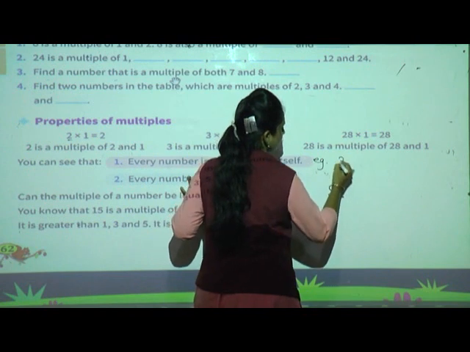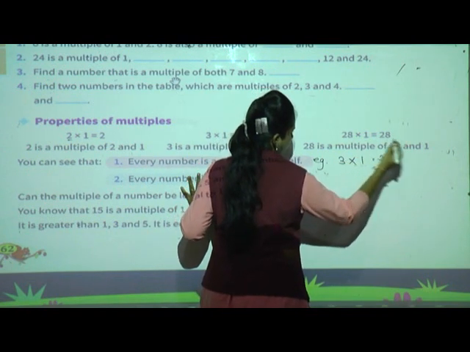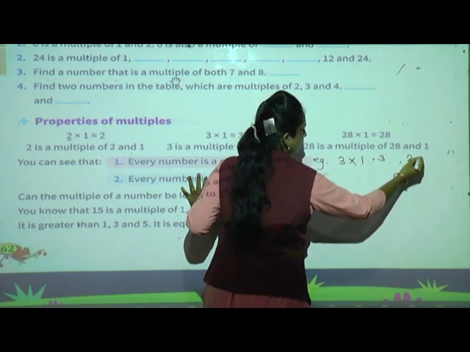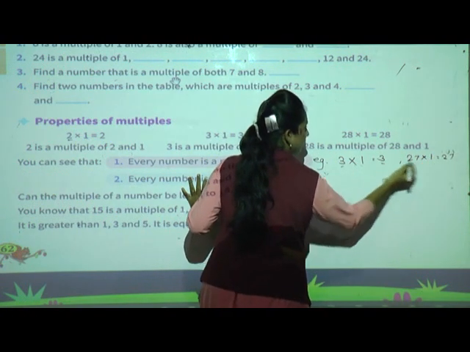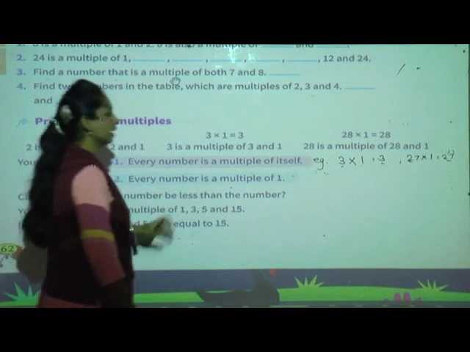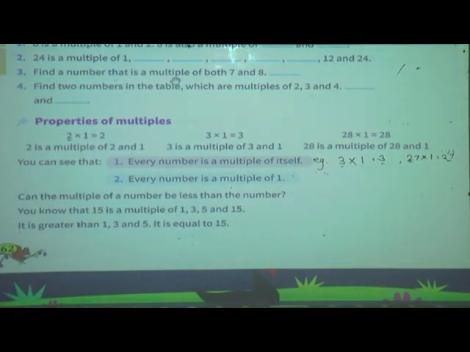For example, 3 ones are 3. If we go with 27, 27 ones are also 27, meaning we are getting itself. Are you getting? Clear? So keep in your mind that every number is a multiple of itself, isn't it?